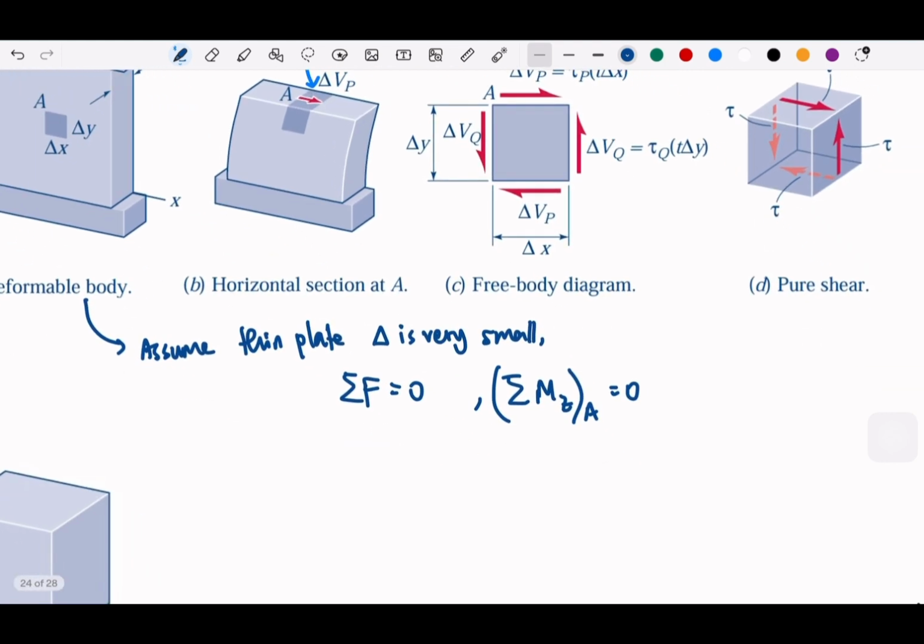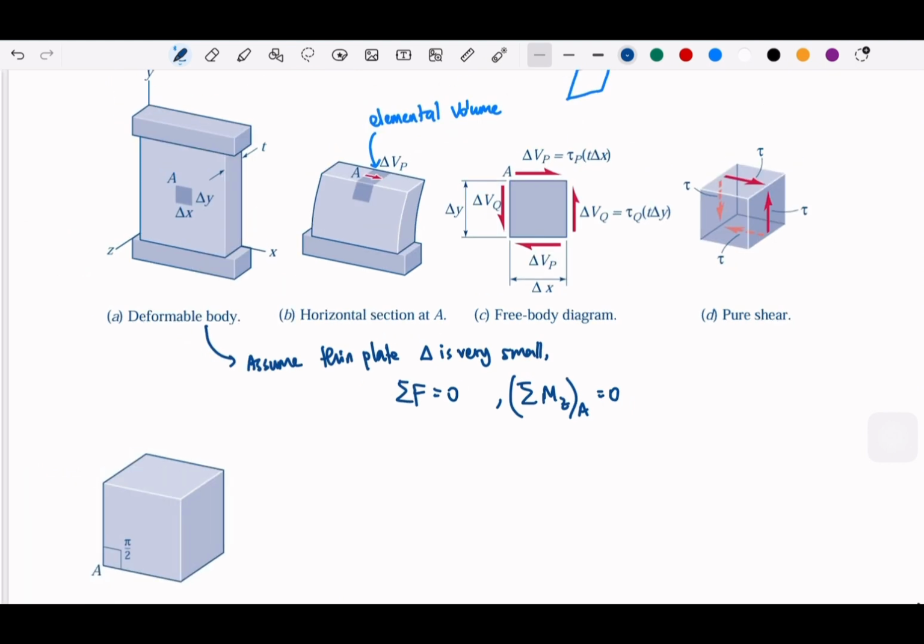So we can write here that the sigma will be the stress.